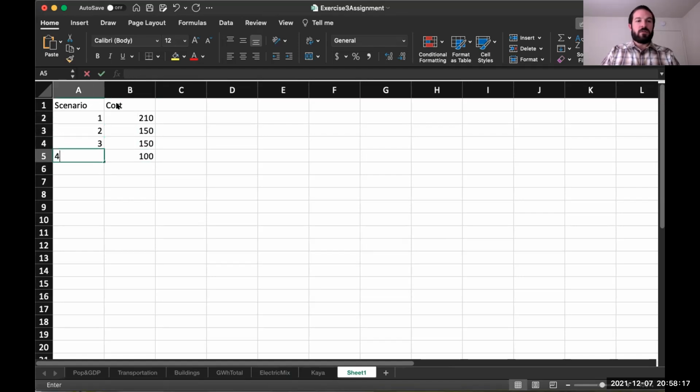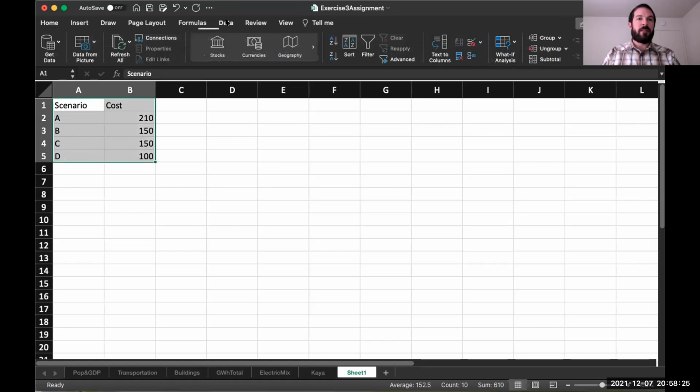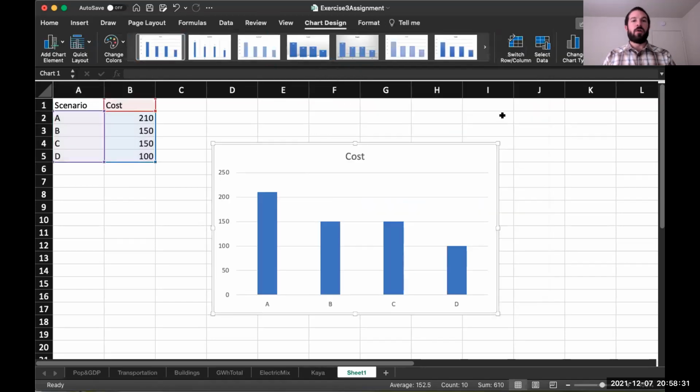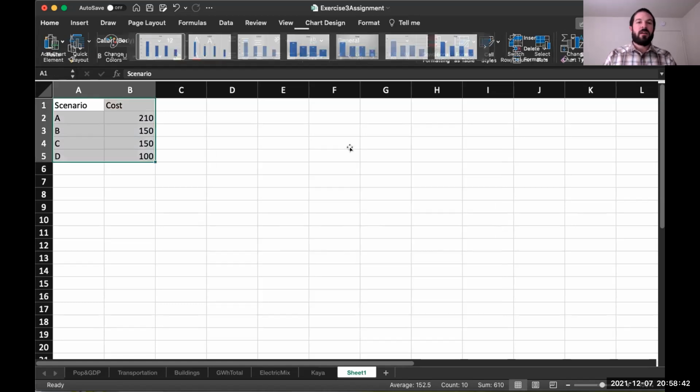Okay, scenario 1, 2, 3, 4, or let's just say A, because that's not going to confuse Excel. All right. I want to insert a chart. I want a bar chart. Boom, done. Okay, that's what I mean when I say bar chart. I just want to see the chart. I just want to see how the cost is different under these different scenarios, right?